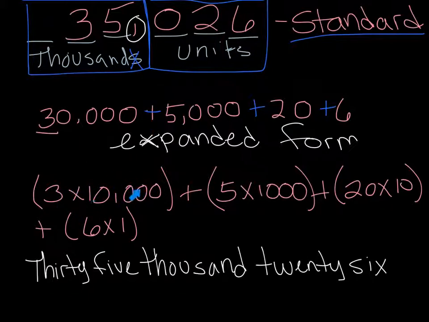I actually multiply the place value times the whole number. So this is a way that we call showing it as an expression of the sum of its products. And then the final way is writing it in words. And writing it in words means you need to know how to spell it, and that you're actually checking it by reading the number in standard form and then reading what you wrote in words to make sure that they are the same.